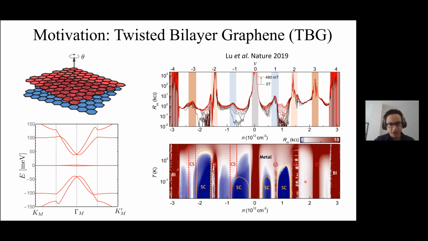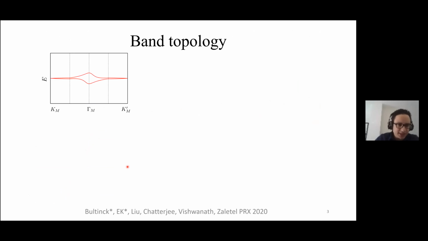So the first step to understanding the physics of this system is to study its non-interacting band structure, which, maybe surprisingly, turned out to have some very interesting and subtle topological features that have important implications for the physics. Let's start by zooming in on these two flat bands. As we can see here, the two flat bands are not just featureless.